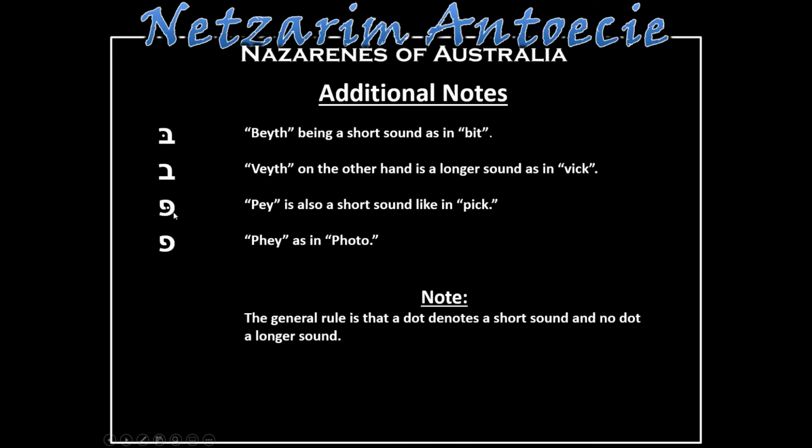Then we have Pei, also a short sound as in pick. And then we have a Fei, as in photo. And we've got a note down here which says the general rule is that a dot denotes a short sound and no dot a longer sound. So just as we saw there, B or V. So it's a short or a long sound.